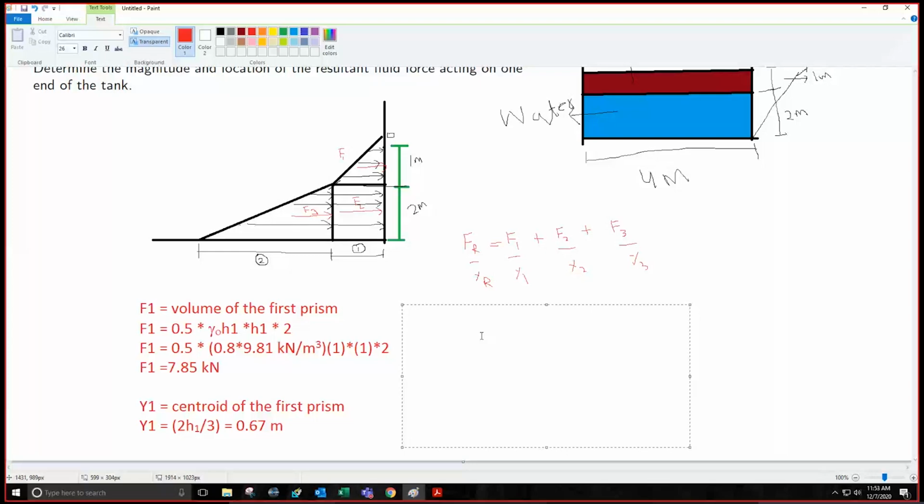For F2, this is equal to the volume of the second prism, which is a, in 2 dimension, which is a rectangle. ठीक है?